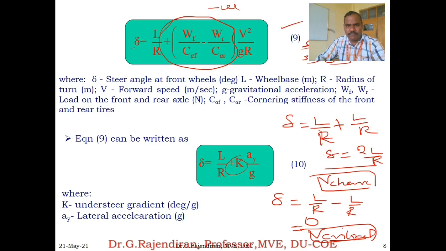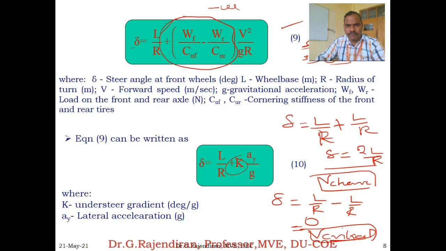When K is equal to 0, neutral steer; greater than 0, understeer; less than 0, oversteer. Then Wf divided by C alpha f is equal to Wr divided by C alpha r for the first case, and Wf divided by C alpha f is greater than Wr divided by C alpha r for the second case.